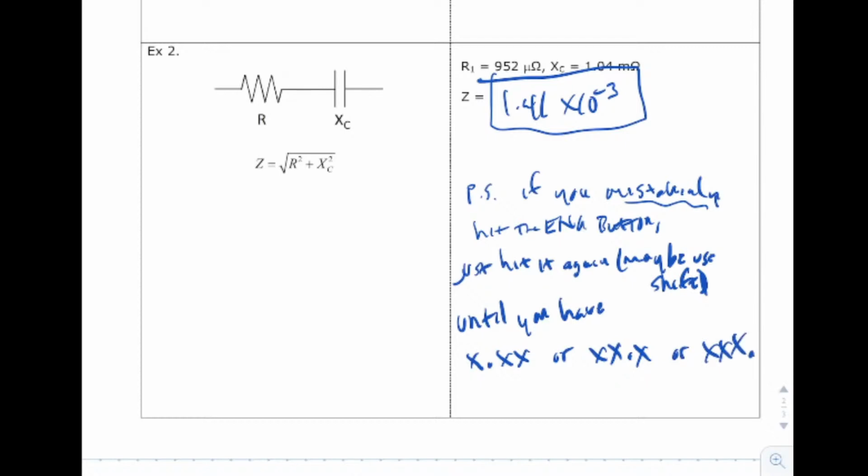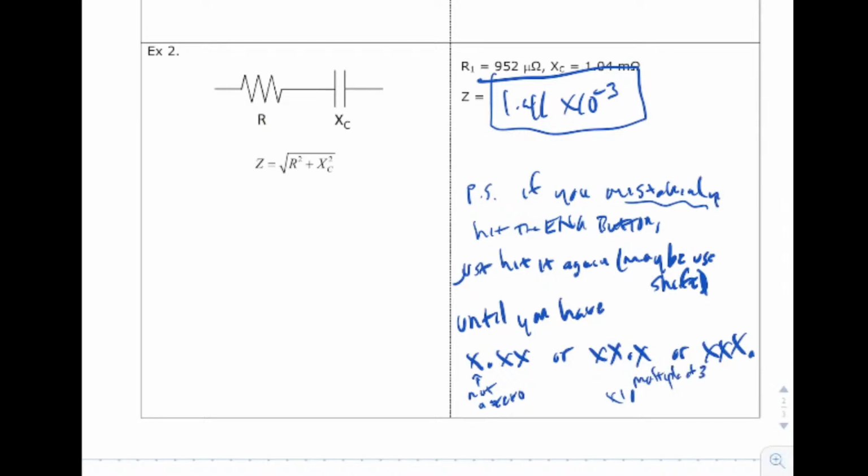The decimal, and this should not be a 0, right? Just like scientific notation, we don't start with a 0 point something. So you should have a number dot number, or 2 numbers dot, or 3 numbers dot, and then times 10 to a multiple of 3.